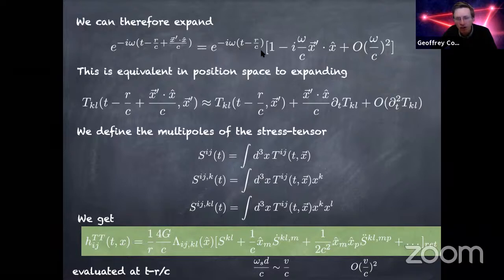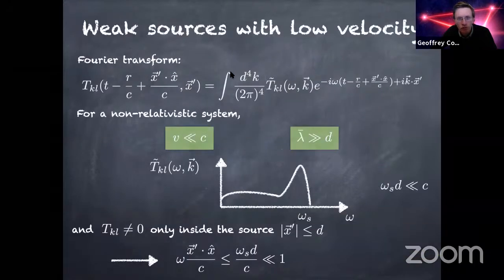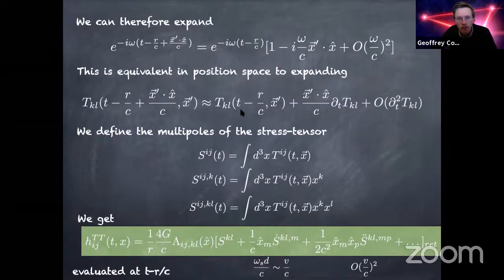Making this expansion in the Fourier domain, if you do the inverse Fourier transform, you can see the analog in the spatial domain. What it means is that you do an expansion in time derivatives. If you look at this number, you see that the omega comes from the Fourier transform of the time derivative here.